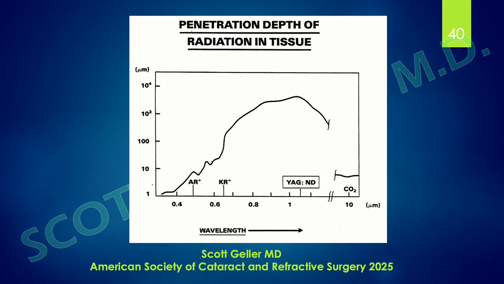A neodymium YAG laser has a much higher penetration, and that's why we can perforate tissue with the YAG laser. And then there are the CO2 lasers, which we use for cutting in things like blepharoplasties. Many of you have seen this, many of you have not, but if you haven't ever seen a CO2 laser in action, ask one of your colleagues to let you observe. It's worthwhile.